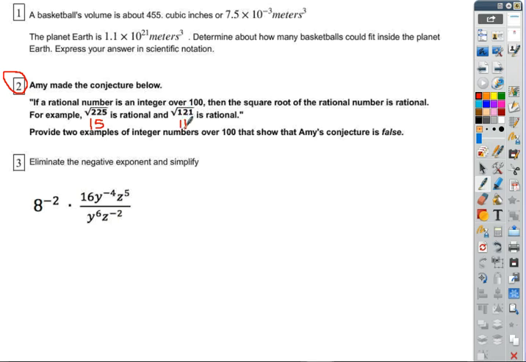So provide 2 examples of integer numbers over 100 that show Amy's conjecture is false. So all you'd have to do is take any number that you know isn't a square number, like let's say 101, and once you find the square root of that, a rational number has to be expressed in 2 whole numbers and a fraction that don't have decimals.